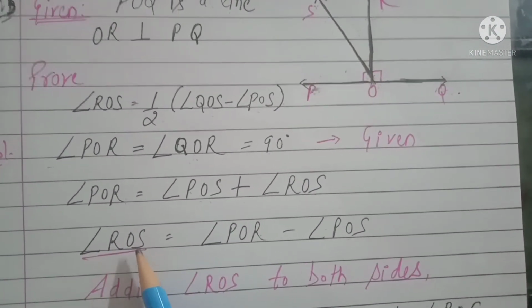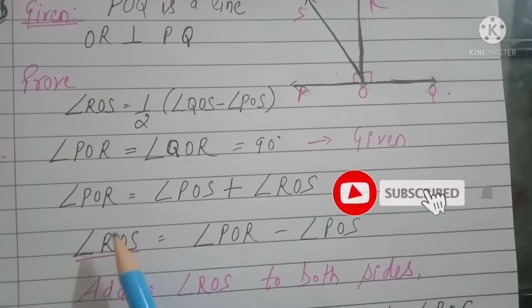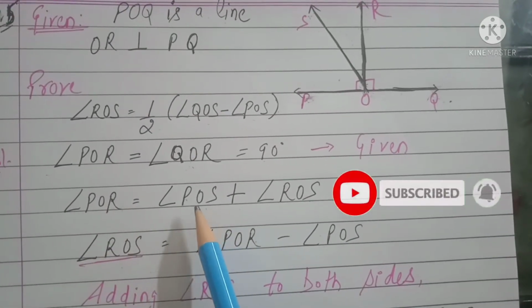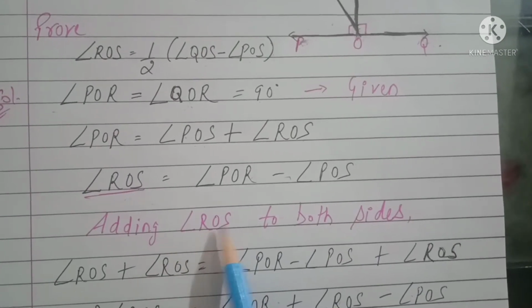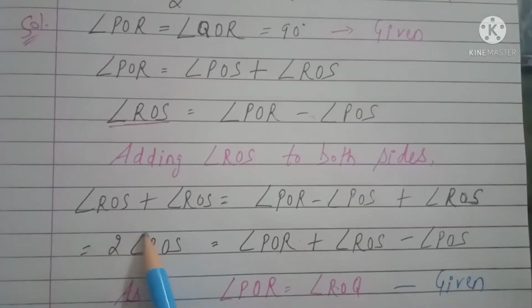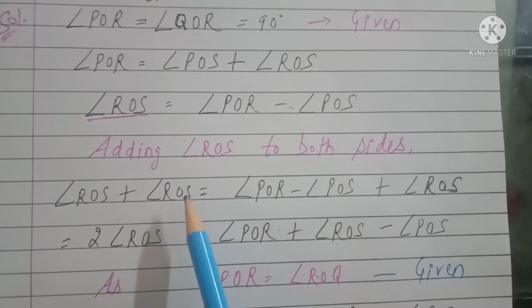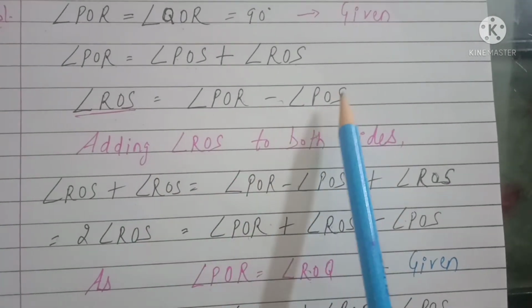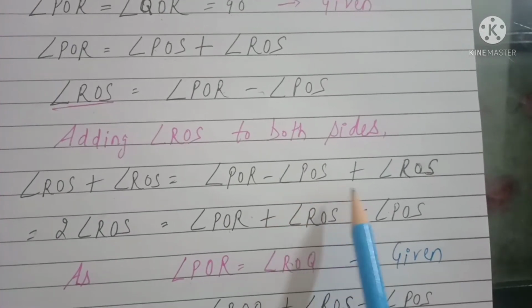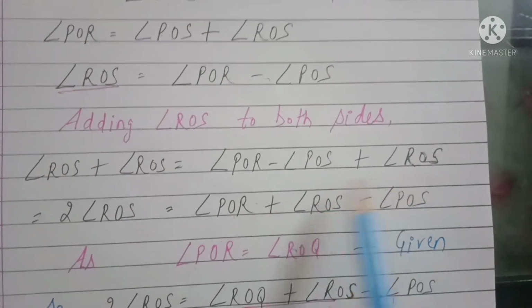Now, ROS is equal to angle POR minus angle POS. Now adding angle ROS to both sides, we get angle ROS plus angle ROS is equal to angle POR minus angle POS plus angle ROS.